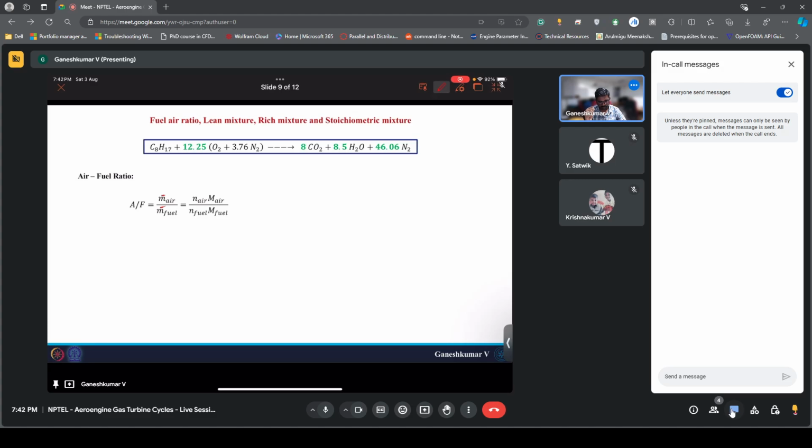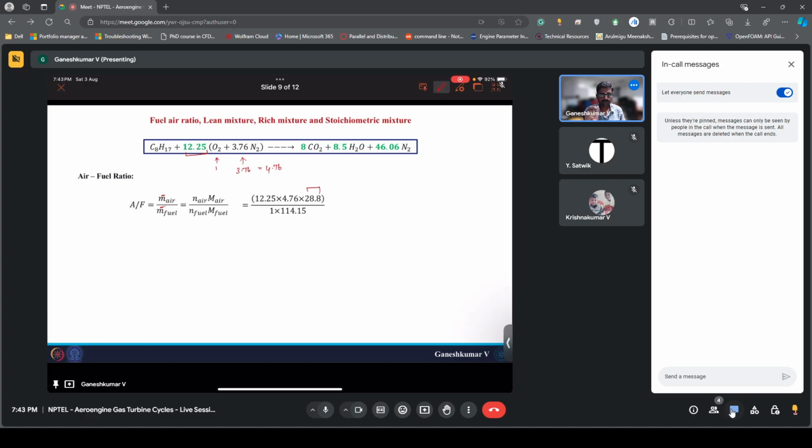So that's what I just substituted here, and then I have substituted certain values here. You should be a little careful here. We all know molecular weight of air is something like 28.8, right? But what we also need to know is the number of moles of air that you have here is not just 12.25. It is 12.25 multiplied by 1 mole of O2 plus 3.76, right? So there is 1 mole here, there is 3.76 moles here. So total is 4.76 moles.